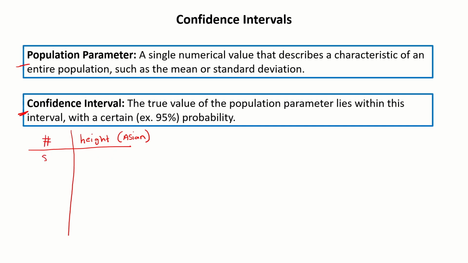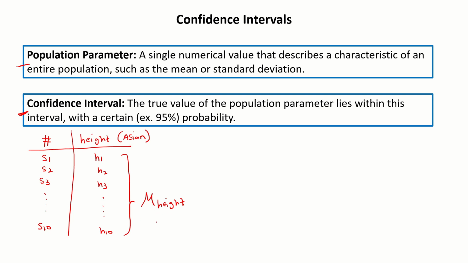So let's say we have a sample of subjects, subject 1, subject 2, subject 3, all the way down to subject 10. And for each of these subjects, we measure their height, h1, h2, h3, all the way down to h10. And using these heights, we can actually calculate a mean height by adding all the h values together and dividing by 10.